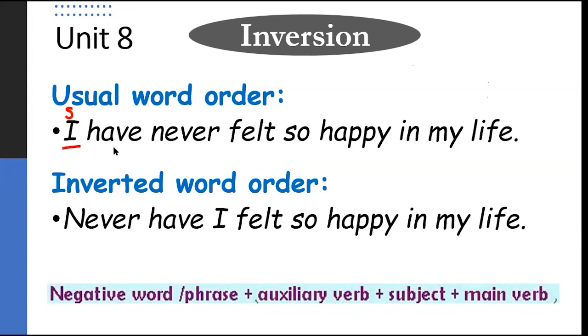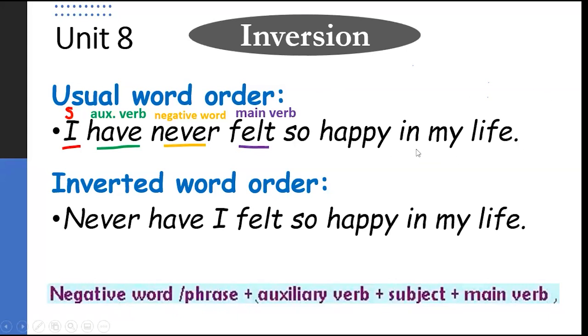And after the subject, we always have our auxiliary verb, which is have, and then we have the inversion or negative word and our main verb. And of course the rest of the sentence we call the object.